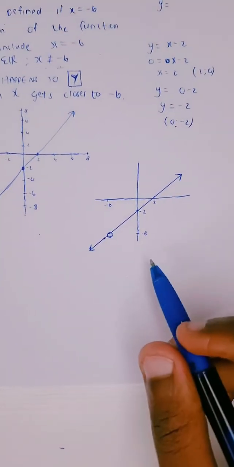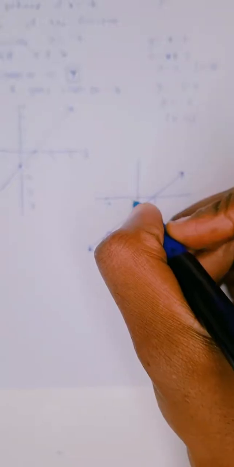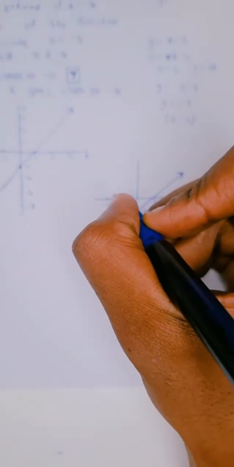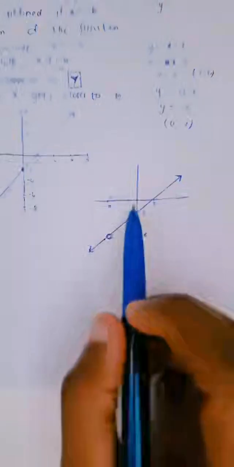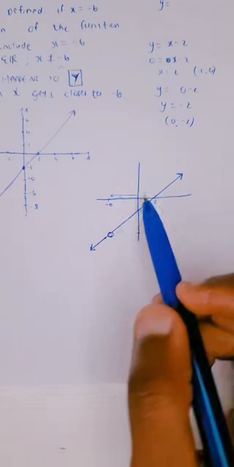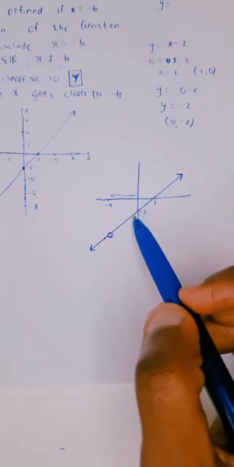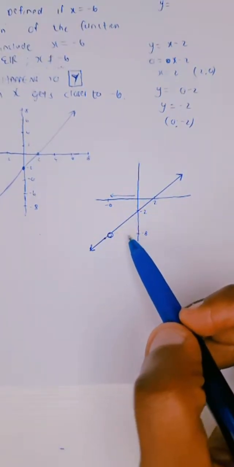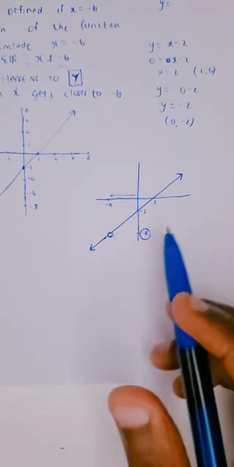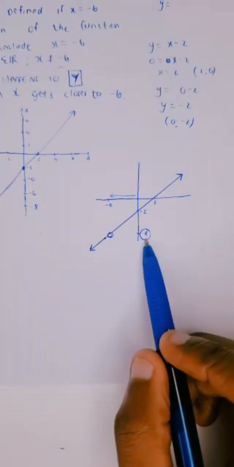But here's the thing. As x approaches negative 6 from the right, the y value gets closer and closer to which value of y? Negative 8.